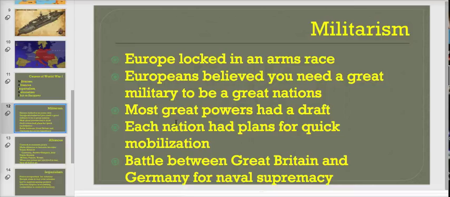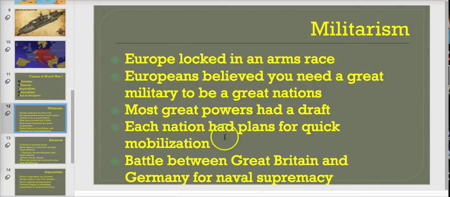Europe will be locked in an arms race, and that is where you really see the battle between Germany and Britain for control of navies, to have the biggest navy. All the countries except Britain have a draft, so the size of their armies are growing.